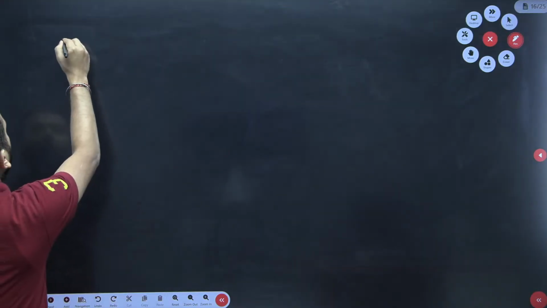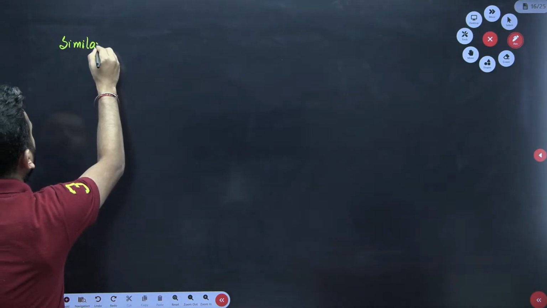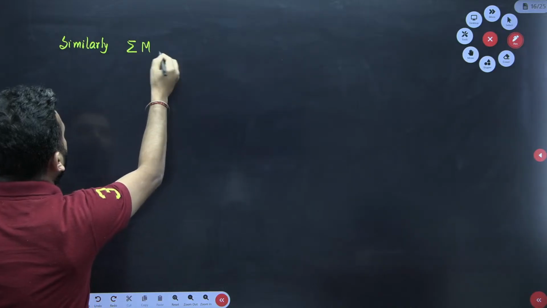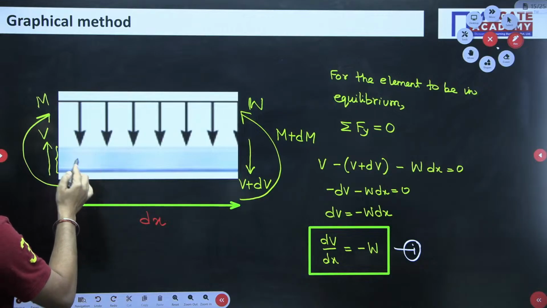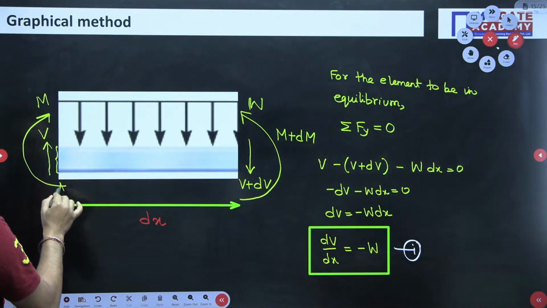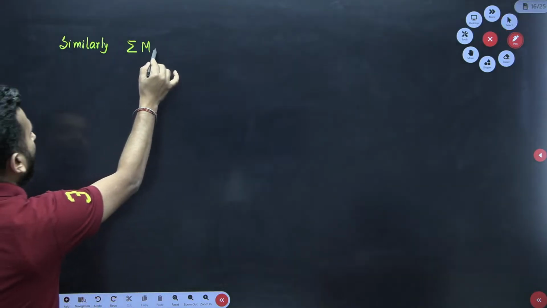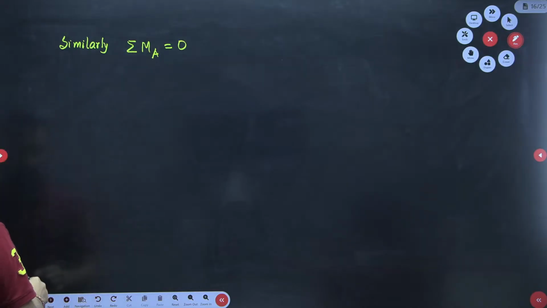So similarly, summation of moment, let's say at a point. Let's say this is A and this is your B. I am assuming the moment at A is 0, so I have to take the moment of all the forces to be 0.